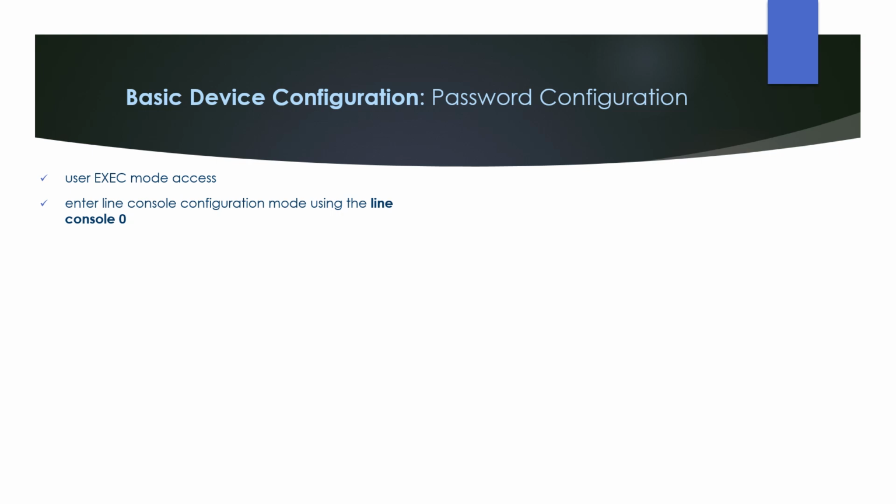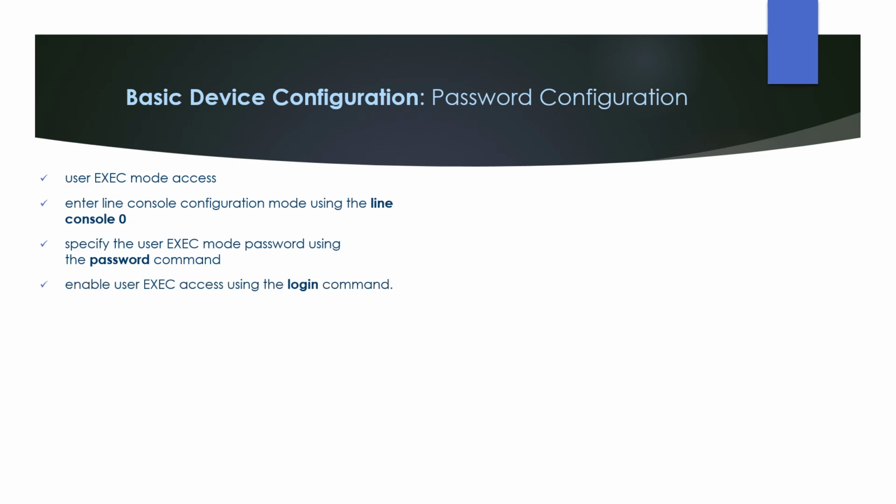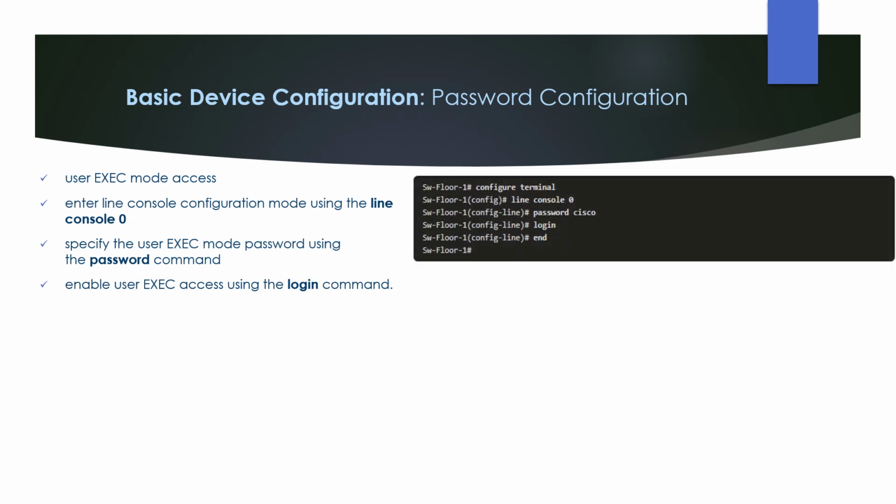The 0 is used to represent the first, and in most cases, the only console interface. Next, you have to specify the user access mode password using the password command, and finally, you have to enable user access using the login command, as it is shown here.